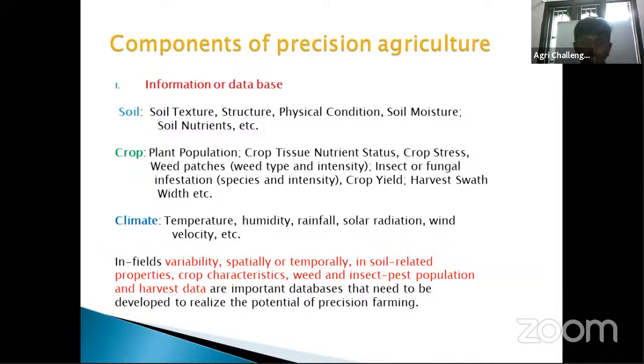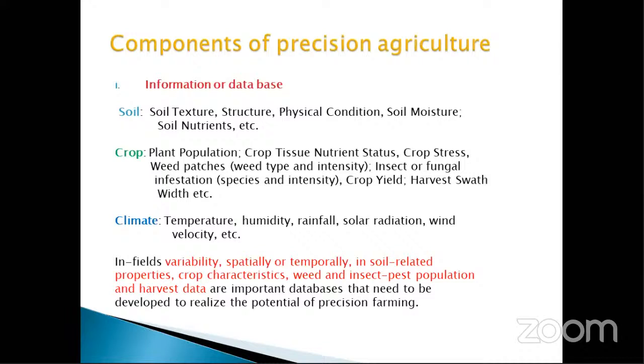Then insect or disease management or fungal infestation, crop yield monitoring, harvest, swath width, everything we can get as data. Then climate related data, temperature, humidity, rainfall, solar radiation, wind velocity of that particular location we can also get. In-field variability, spatially or temporally, you can get spatial variation and temporal variation.